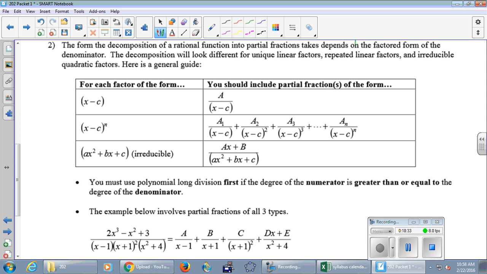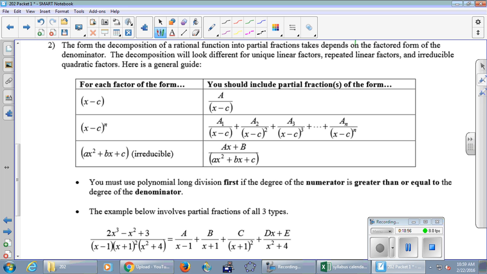This is a little bit different, this x minus c to the n. This is saying you have the same factor repeated, like x plus 1, the whole thing squared. You don't put an a over x plus 1 and a b over x plus 1. That's not going to cut it. It turns out you need to put a constant on top of each increasing power of that factor, starting at the first power.